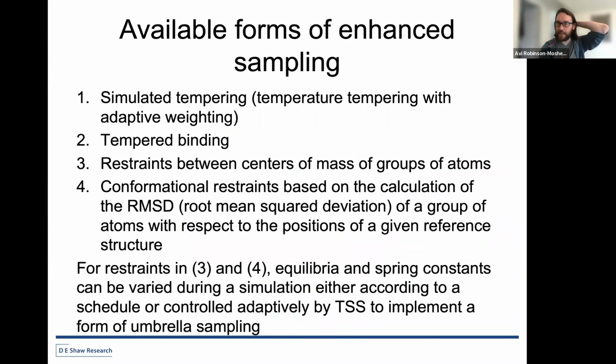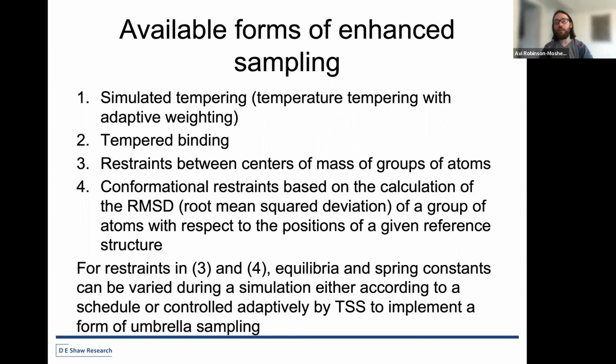So the forms of enhanced sampling that are available on Anton 2 at PSC are simulated tempering, which I talked about initially, for instance temperature tempering with adaptive weighting. It doesn't have to be temperature tempering. You can temper various other things as well. There is tempered binding. Then you can set up restraints between the centers of mass of groups of atoms and set them to be a target distance away from each other with some spring constant, saying we want the ligand and the binding pocket to be either zero distance away from each other, or you can set it further if you want it to be pushed out.